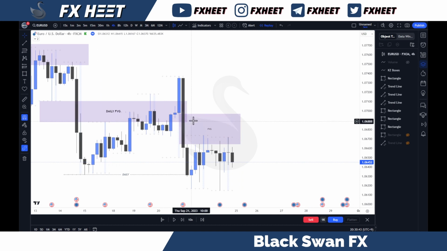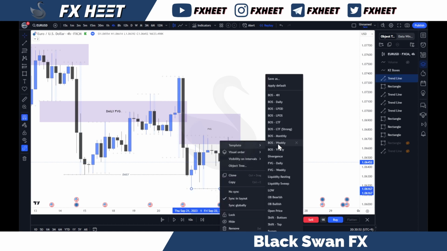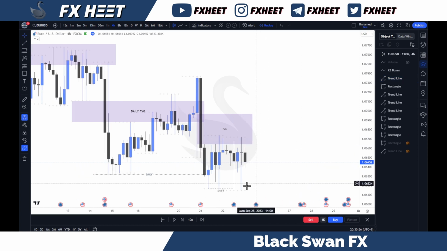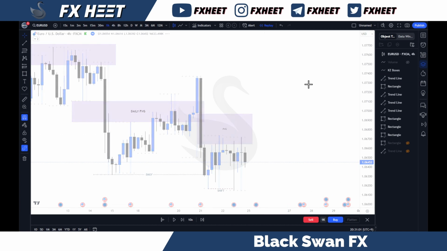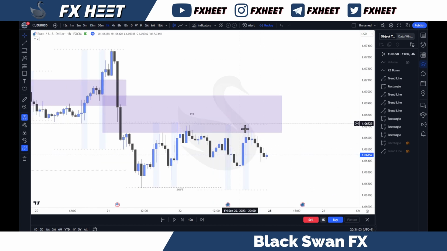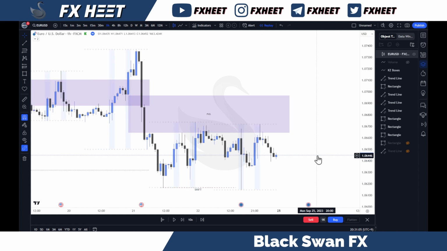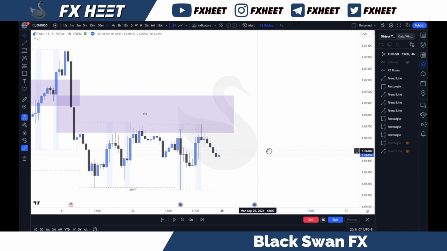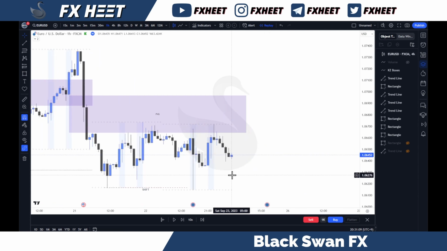There is still some inefficiency above, but looking at how it's already done a shift here, I'm more inclined to say it's very likely to start coming down from here. On the 1-hour time frame, it's already starting to come down. So this is like the close of the previous week.